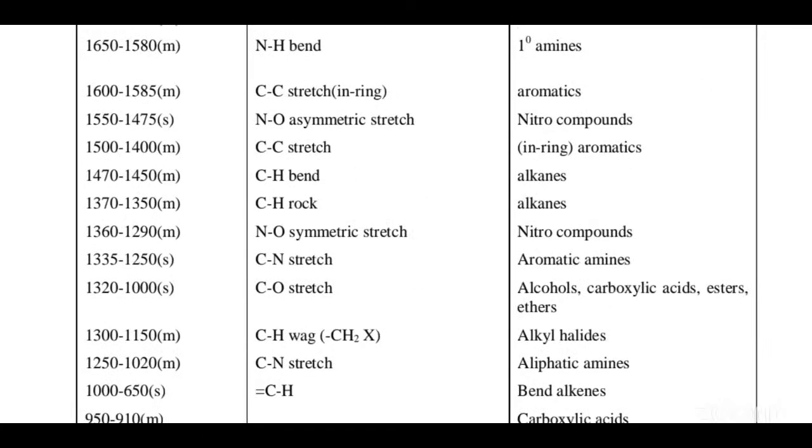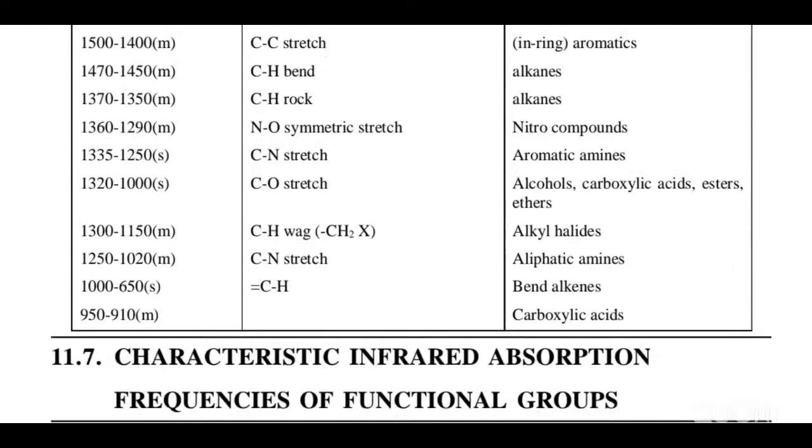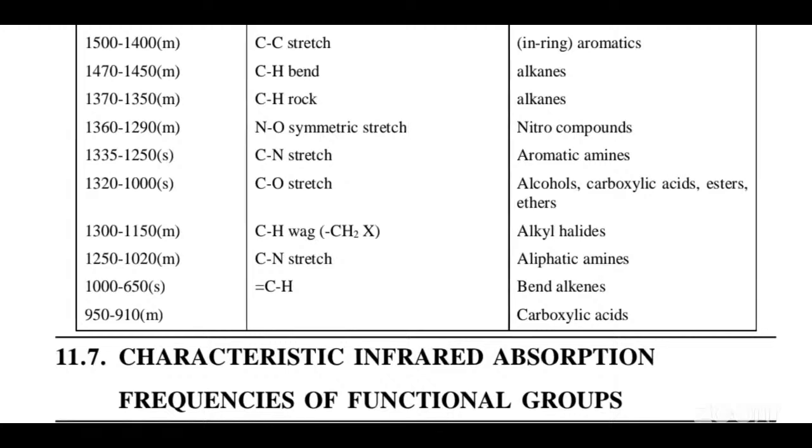So this is the list of absorption frequencies in IR spectra where a particular functional group appears. These are the group frequencies, like the CO stretching frequency in alcohols, carboxylic acids, esters, and ethers. It is 1320 to 1000.